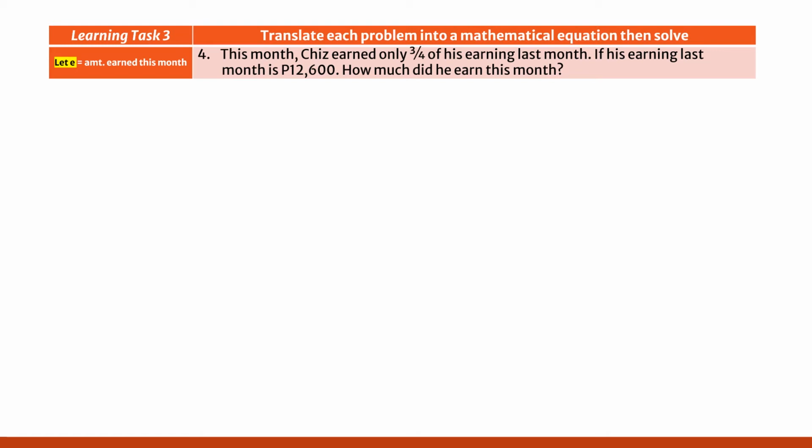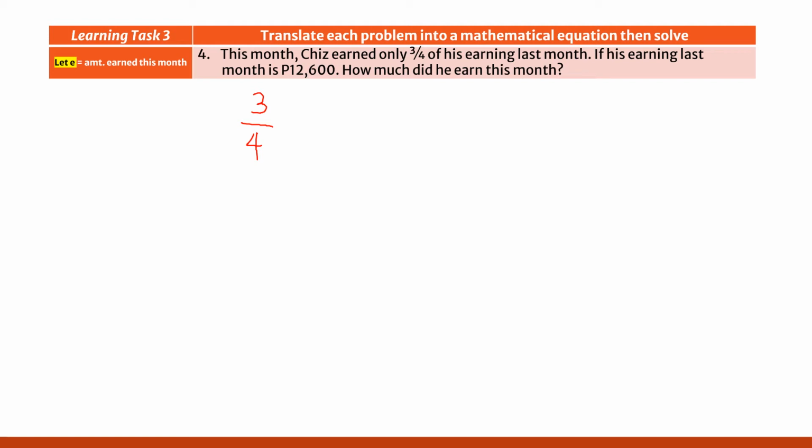In the problem, sabi doon ay 3/4 of Cheese's earning last month ay yun ang earning niya this month. Tama? So, isulat natin. Eh di, ang sabi dito ay kung 3/4 daw, 3/4 of what? His earning last month. So, his earning last month is 12,600.